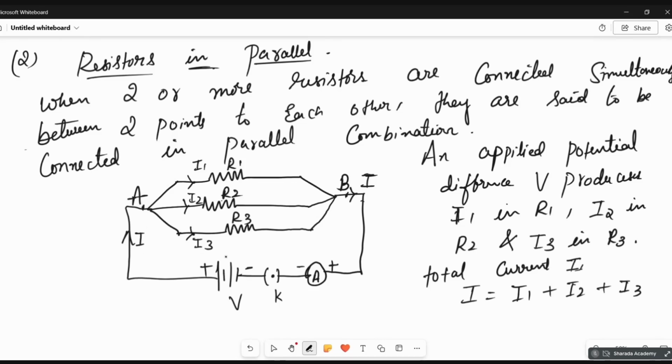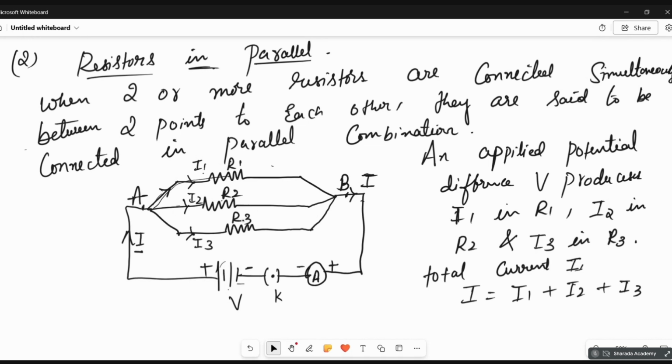If you observe, this is the voltage I have applied here. Now the current through this will be total current I. The current has three paths here, correct? There are three paths to flow. So some current will flow through this, this is I1. Some current will flow through this, I2, and some current through this, I3. So whatever total current is produced due to this voltage is divided between all the three resistors.